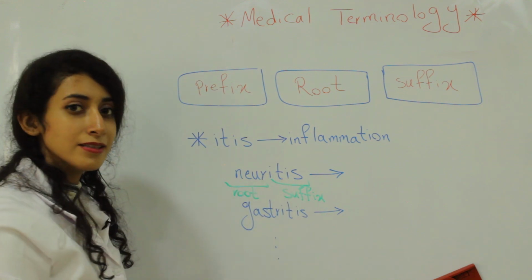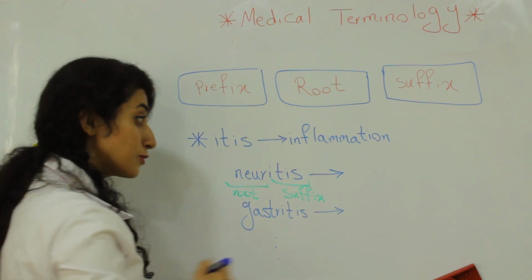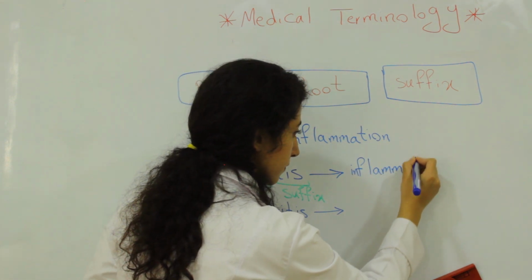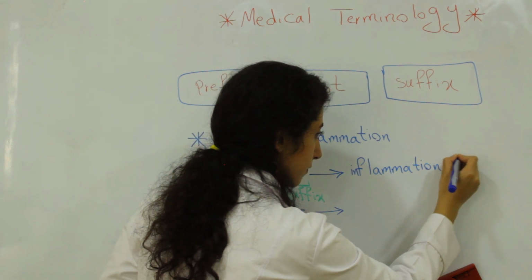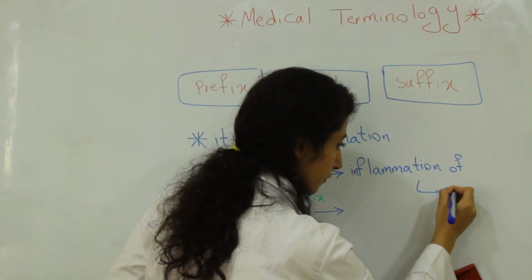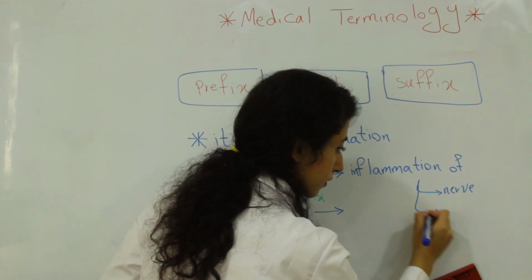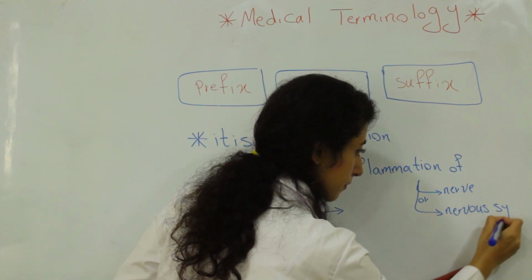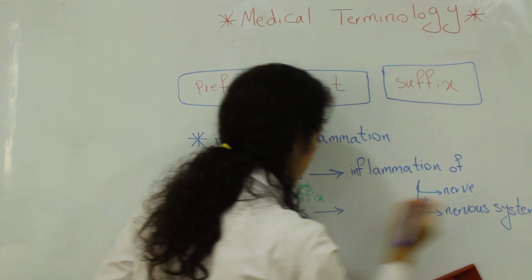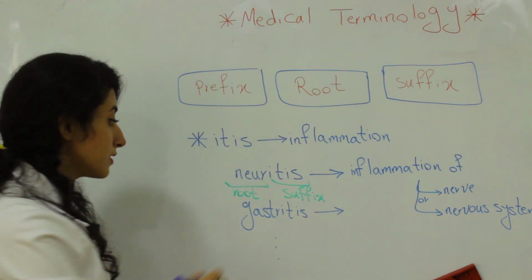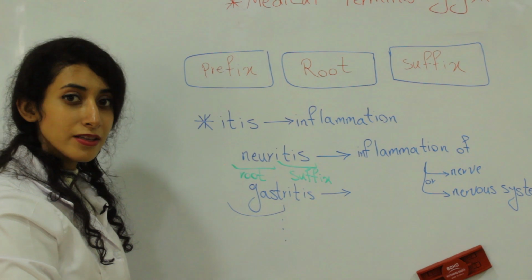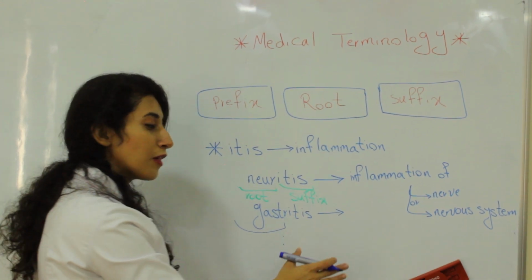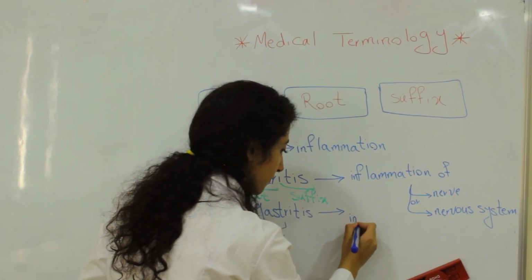So neuritis is inflammation of nerve or nervous system. Another word that we have here is gastritis. Gastr, as I told you, is related to the stomach. Gastritis is the inflammation of the stomach.